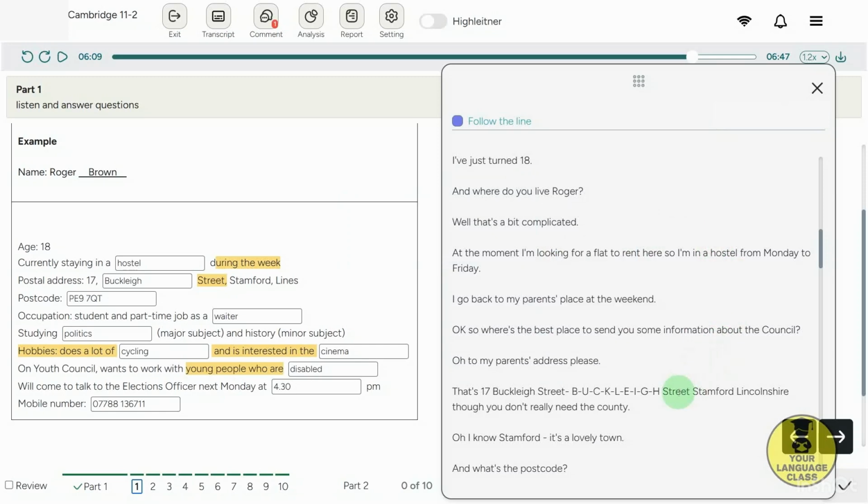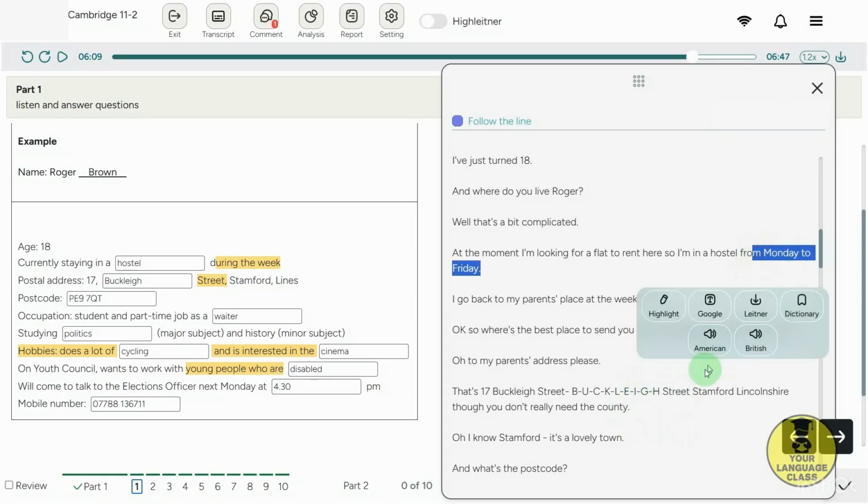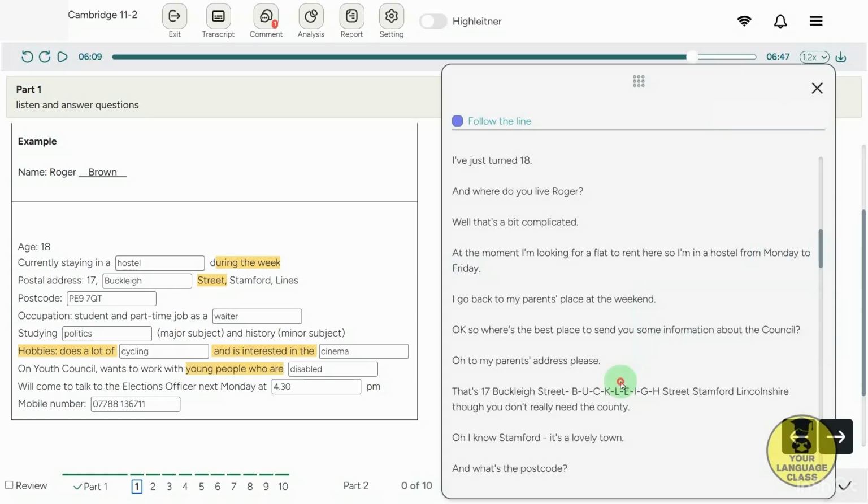Then we hear another place where he stays from Monday to Friday, which means the weekdays. So Monday to Friday is a paraphrase for during the week, which we saw in the question. After that, we hear another place to stay, and this time it is his parents' place. However, he stays at his parents' place at the weekend, not during the week. So the correct answer is hostel.